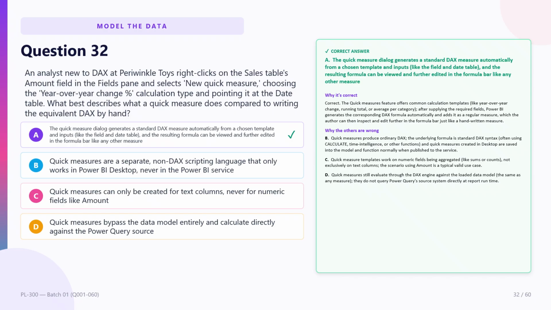C. Quick measure templates work on numeric fields being aggregated, like sums or counts, not exclusively on text columns. The scenario using amount is a typical valid use case. D. Quick measures still evaluate through the DAX engine against the loaded data model, the same as any measure. They do not query Power Query's source system directly at report runtime.